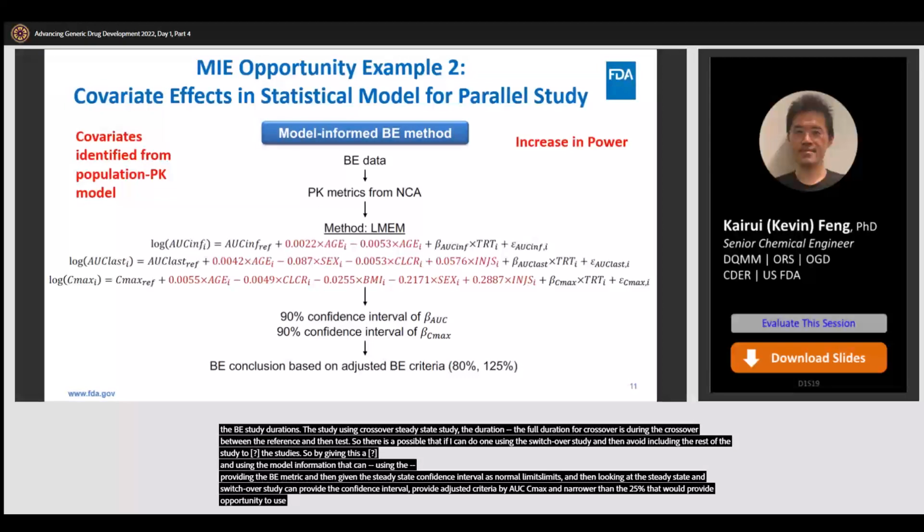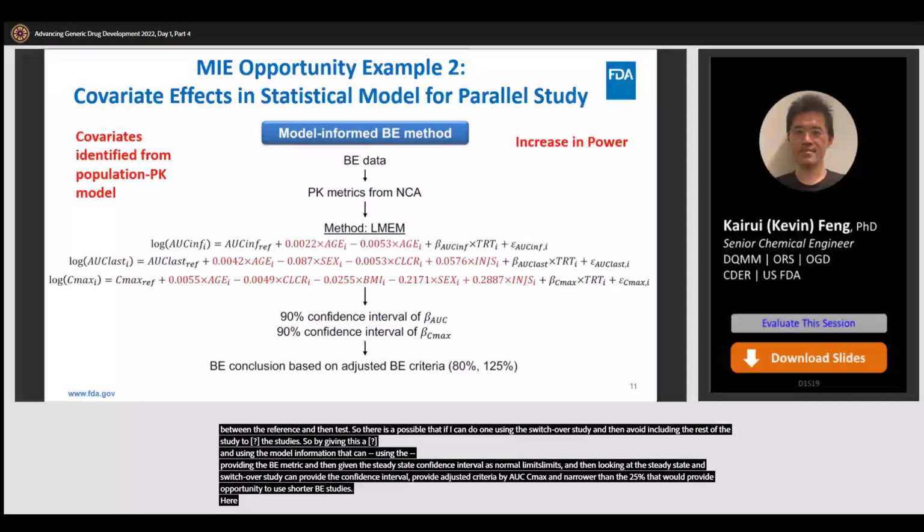Here is another opportunity by using the model integrating evidence framework. By making the model, it is possible to identify some of the covariates like the age or sex or other parameters that can be included in the model.